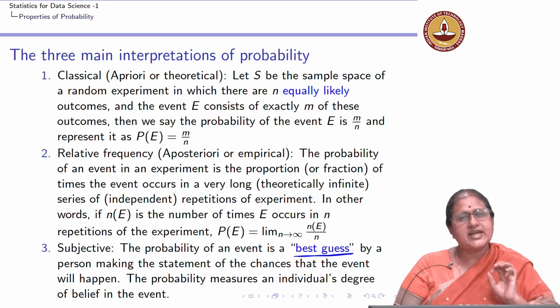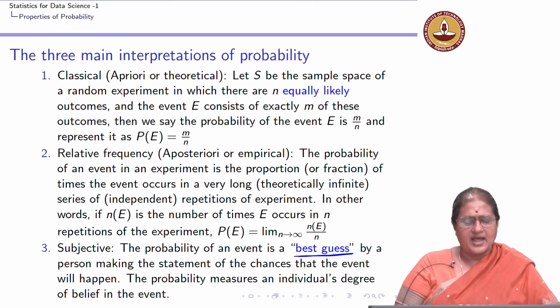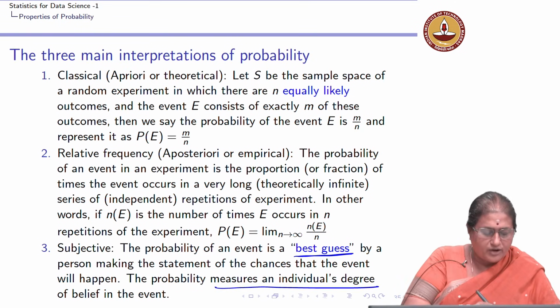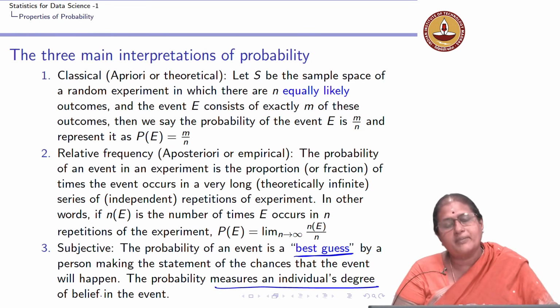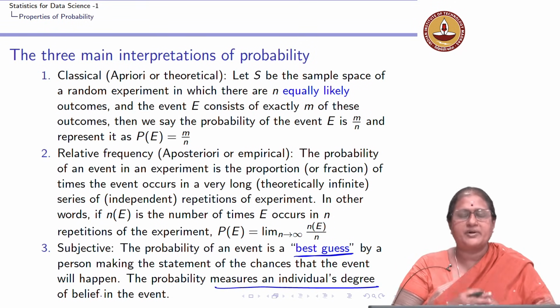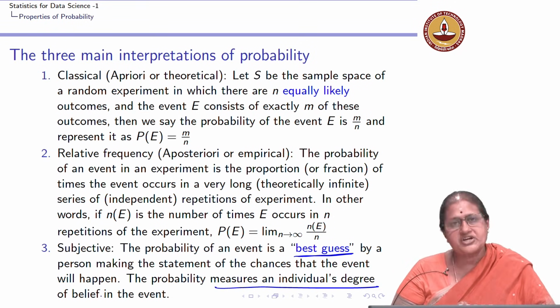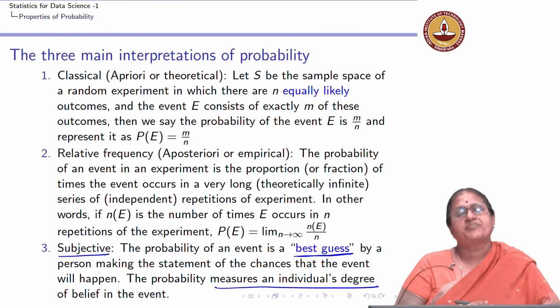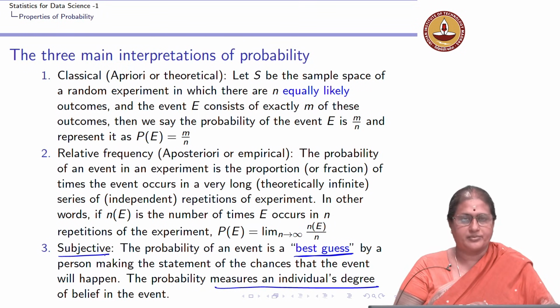Statements of this kind measure an individual's degree of belief in a particular event. This interpretation of probability is referred to as the subjective interpretation of probability.